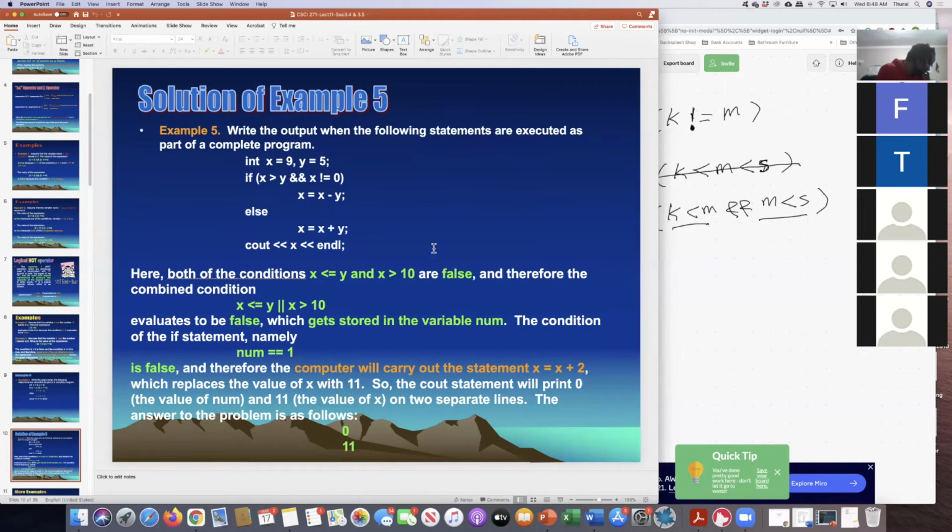Another example. X is 9, y is 5. So x greater than y is true, x not equal to 0 is true. So x equal to x minus y will be executed.